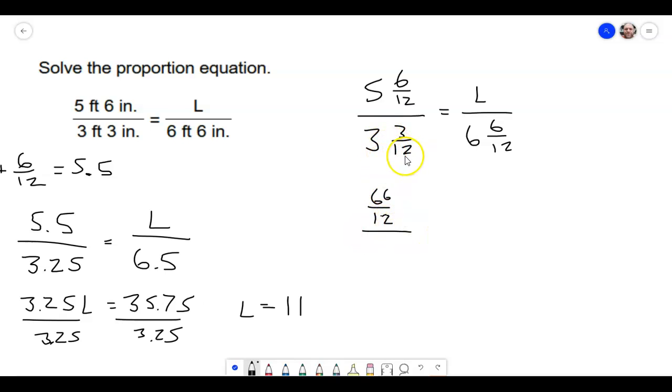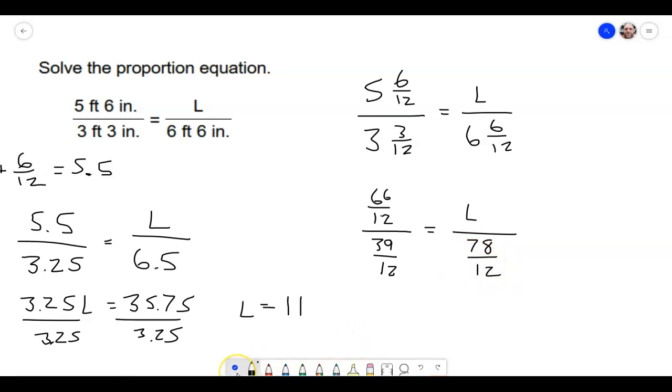So 3 times 12 is 36, plus 3 is 39. So it's going to be 39 over 12 is equal to L. And this is 6 times 12, which is 72, plus 6 is 78 over 12.